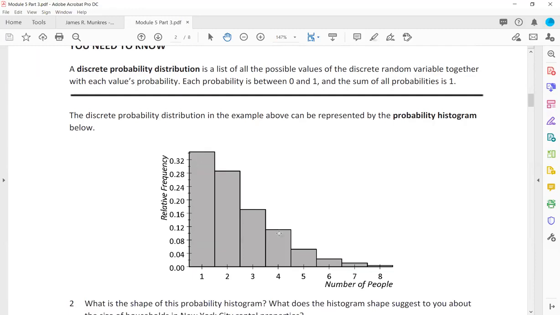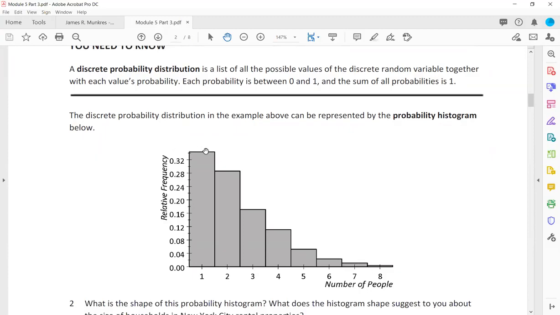The probability is 11.1%. The household size is equal to 5, and its probability is 5.2%. The household size is equal to 6. Its probability is equal to 2.3%. The household size is equal to 7, and the probability is 1.1%. And household size is equal to 8, and the probability is equal to 0.4%.